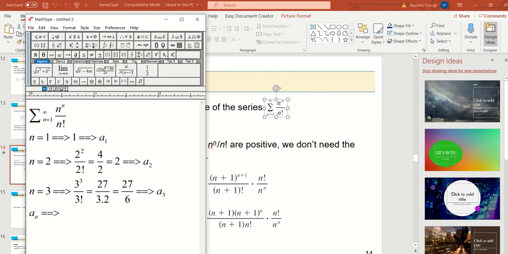And this is the nth term. So what about the n plus 1 term? Let us find it. A n plus 1 is the n plus 1 term.